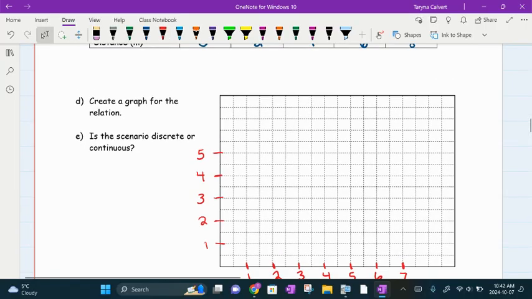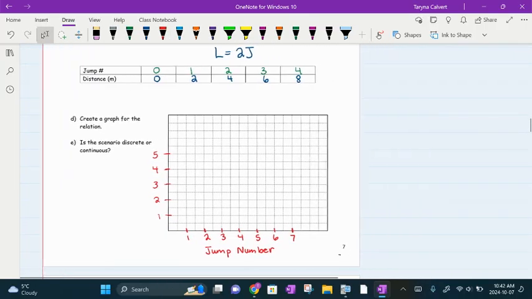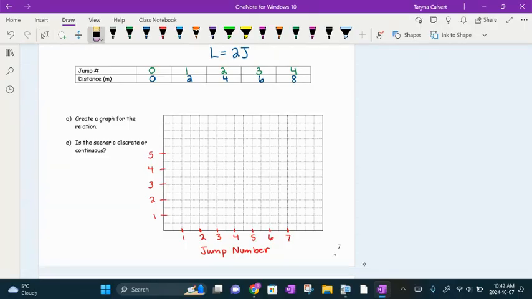Oh, am I going to run out of space? And if there are units, please make those part of your title.